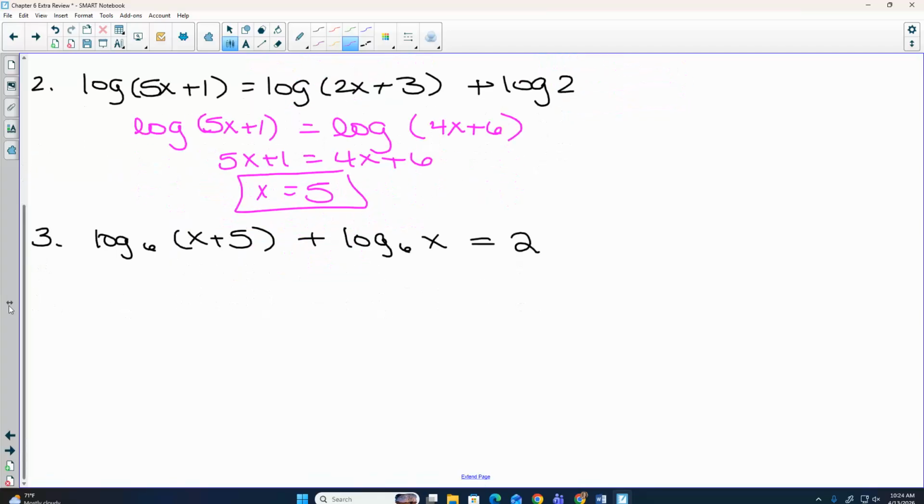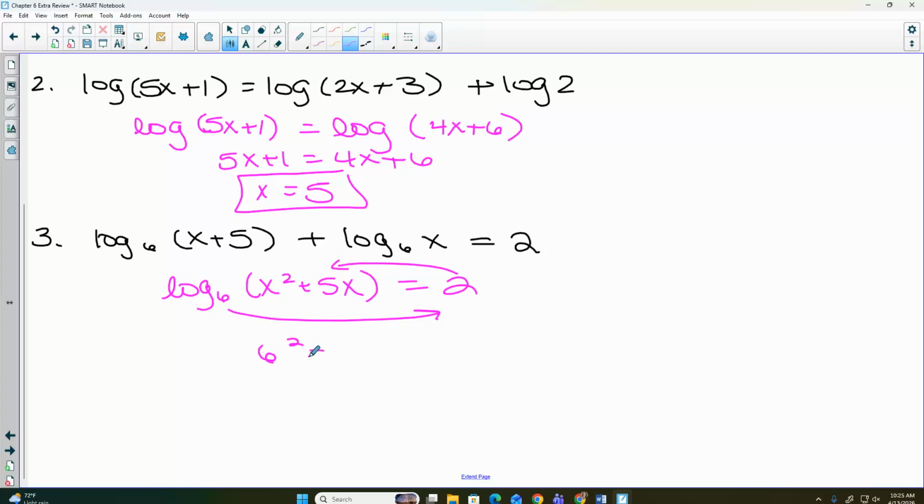All right, the third one. What do I do first? Condense, since those logs are added, we multiply their arguments, so x squared plus 5x. Now, this is different than the other two, because the log is only on one side. What do we do? 6 squared is 36.